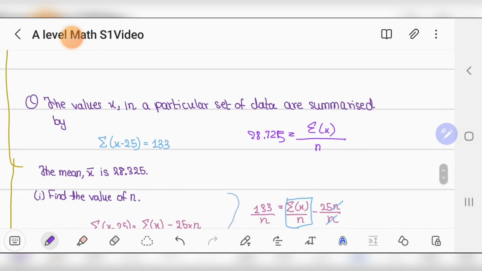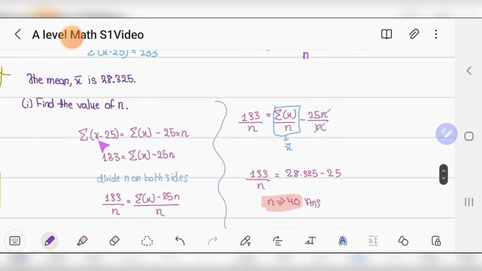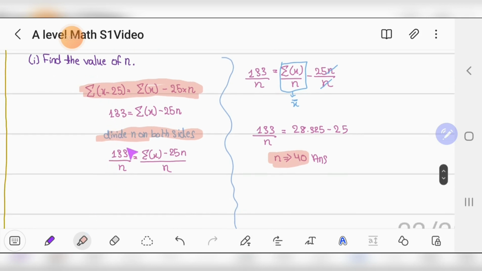In order to calculate this, I'm going to use 24. Okay, so I've used this formula. Then I just divide n on both sides, and after dividing it, I just got this mean.